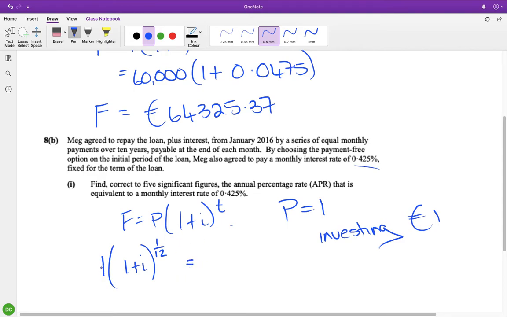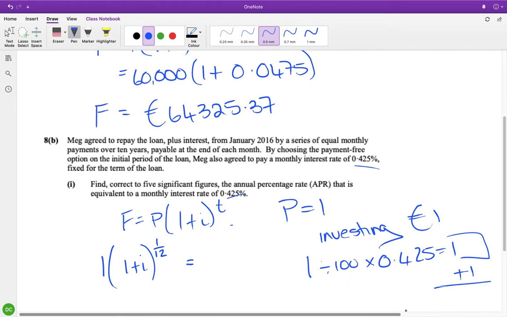And if you invest your €1 at 0.425%, so literally you take €1, divide it by 100, multiply it by 0.425, and then whatever the answer to that is, you add the 1 back on. So you're literally getting 0.425% of €1 and adding it back on, and you get 1.00425.